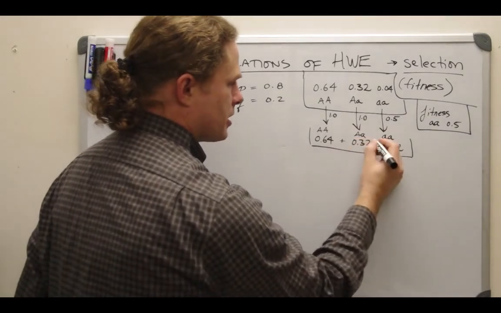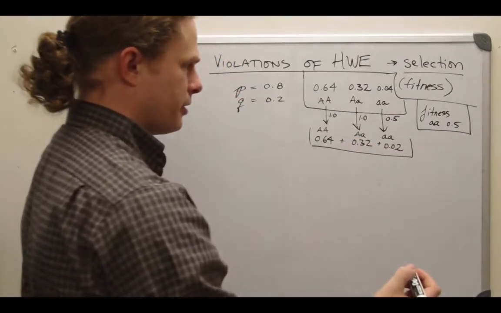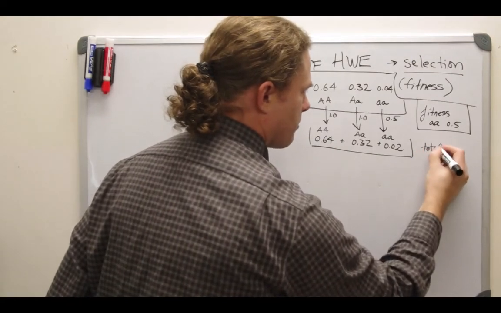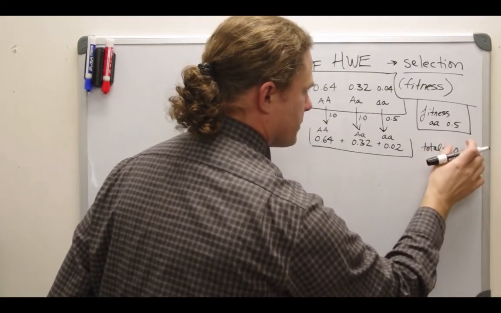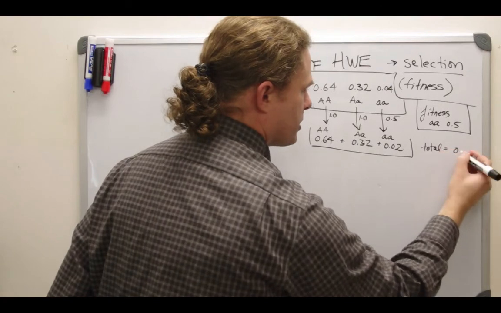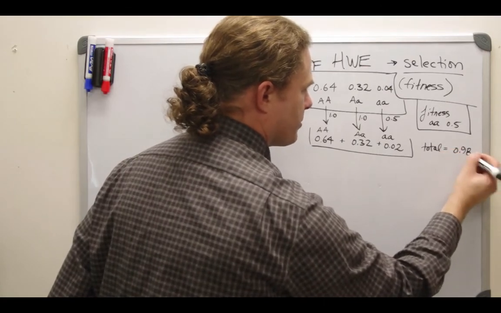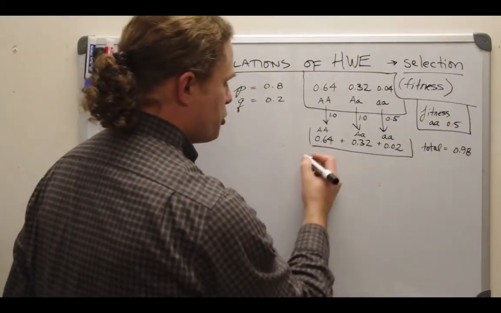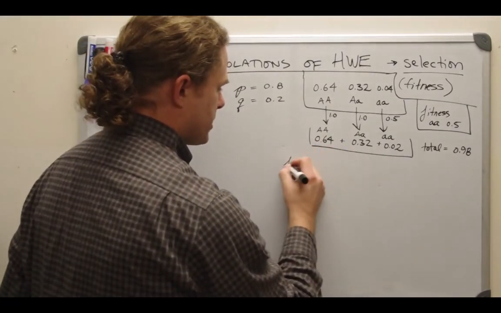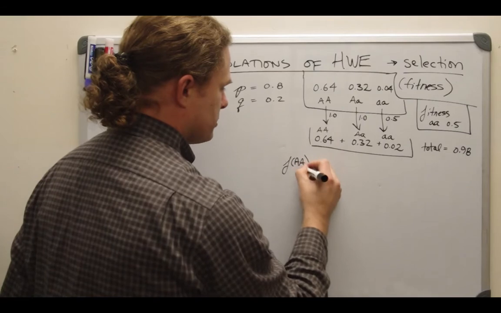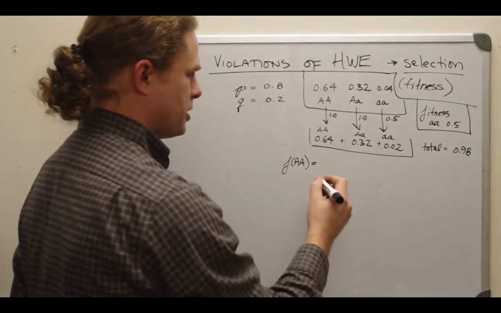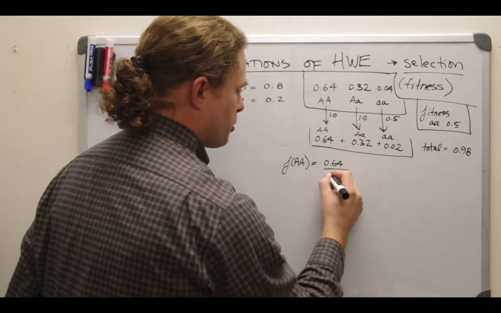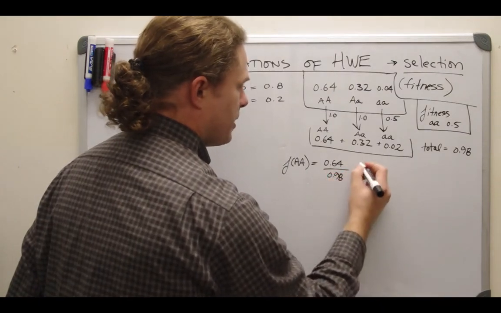So the way that this is done is to add these values together. So this now totals, so we could say the total is now equal to 0.98 because we've lost 0.02 along the way. And the new frequency of the big A genotype is now 0.64 out of this new total of 0.98.